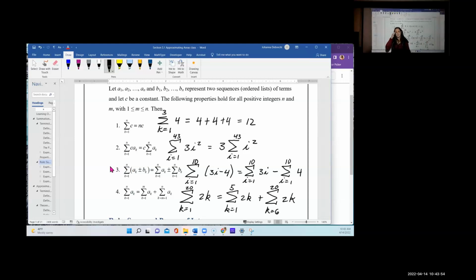Does that make sense to everybody? In other words, if I want to go from 1 to 20, but I want to break it into parts, I could go from 1 to 5 and then from 6 to 20, and I would end up with the same thing.